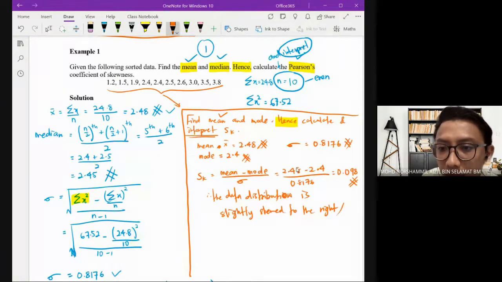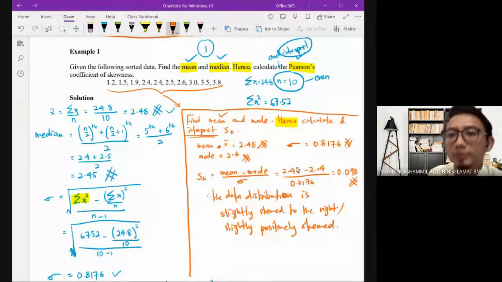Or slightly positively skewed. Boleh layan. Jangan risau. Dia tak ada grammatical error. Slightly positively skewed. Boleh. Hadap yang mana-mana lah.